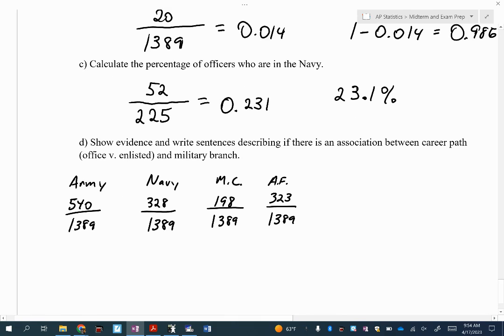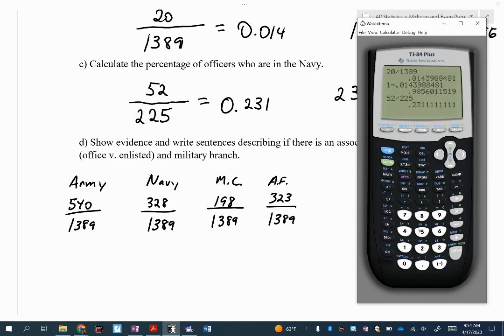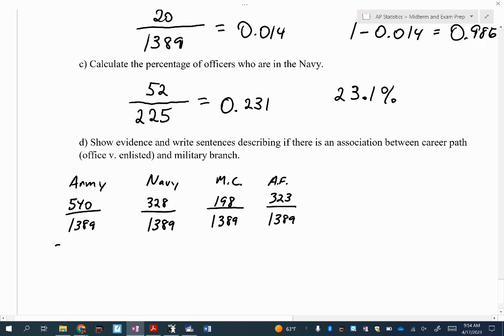So I'm about to find these percentages. Do these percentages take into account whether a person is enlisted or an officer? No, right? So right now, it doesn't matter what you are in your branch. This is just the percentage of the entire military forces from each branch. So let's see. 540 divided by 1389 gives us 0.389, so 38.9%.